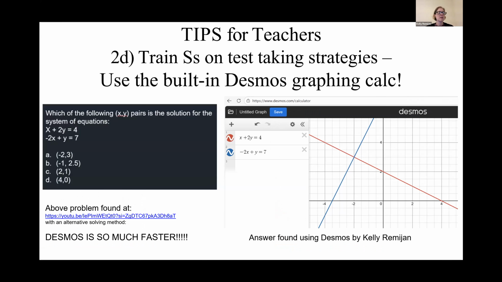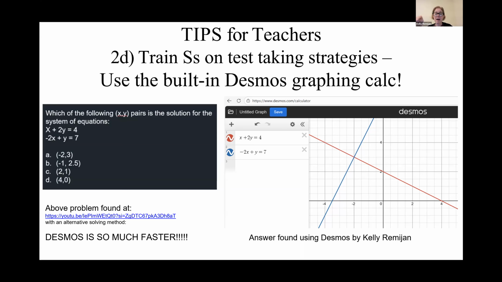Another problem. Some students, if you were given this problem, they might solve this problem by using the elimination method. Multiplying the top equation by 2, eliminating the x's, solving for y. If I have only one y value that's there, then I can find the answer. But the alternative way, using Desmos.